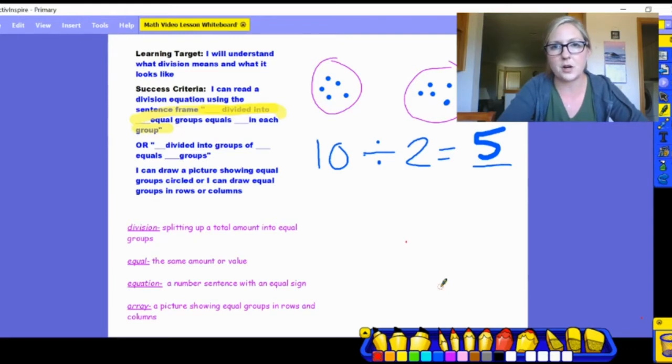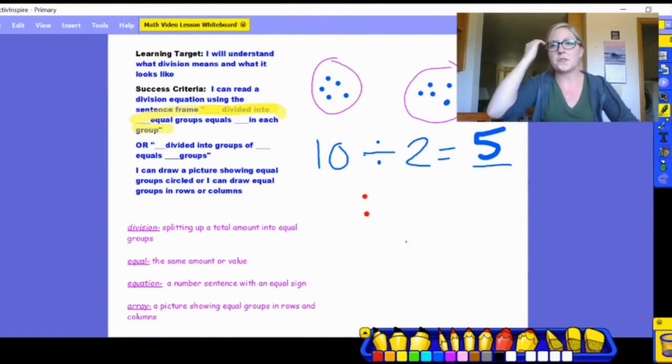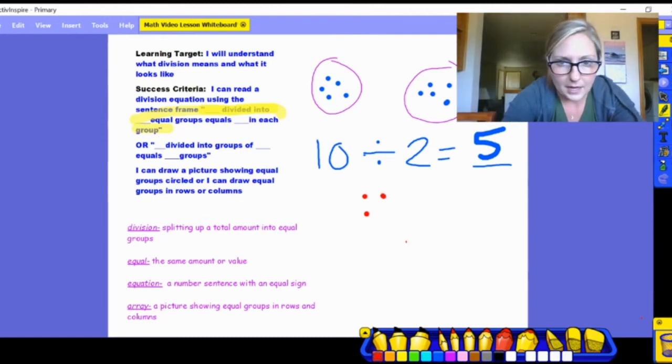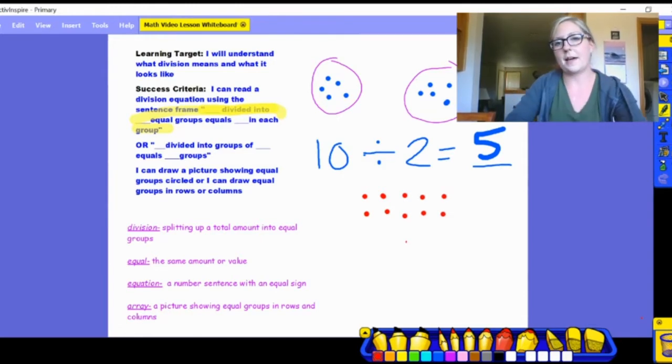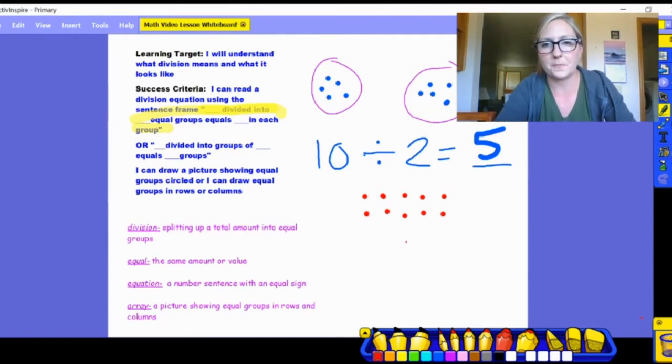So instead of drawing my 2 groups of 5 in the way that I did it, where I just dealt 1 dot to one side and 1 to the other to make my 2 groups, if I want to do it in an array, I can think about how I would have maybe 2 rows, and I can add 1 dot to each row and keep going until I have drawn all 10 dots for my total.